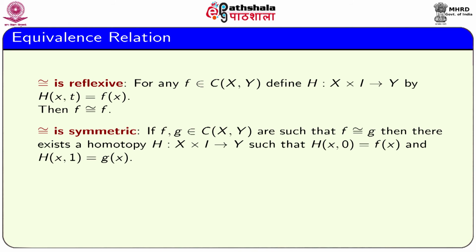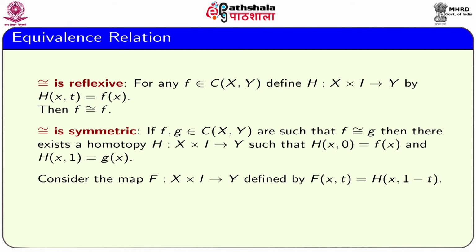Now, we want to show that it is symmetric. So, we start with any two continuous functions f and g from C(X,Y). It is given that f is homotopic to g. So, certainly we are going to get a function capital H such that H(x,0) is f(x) and H(x,1) is equal to g(x).